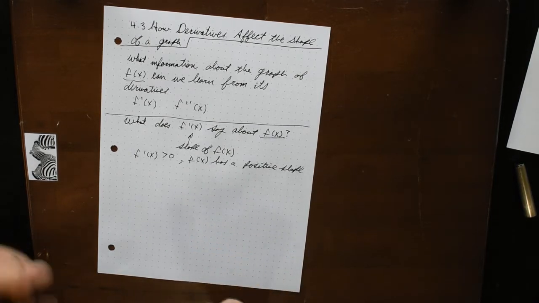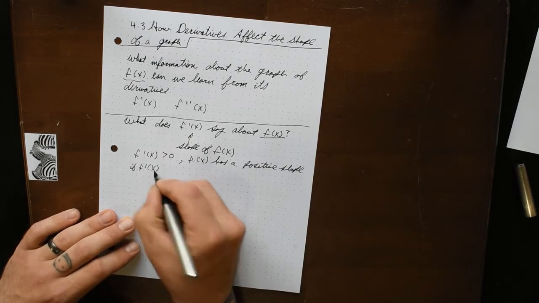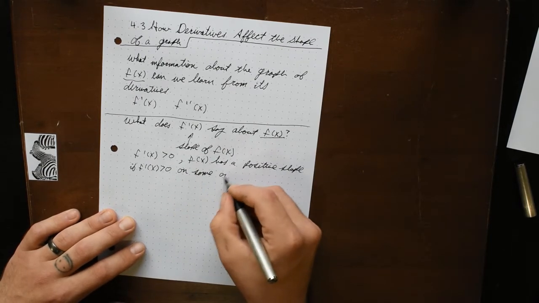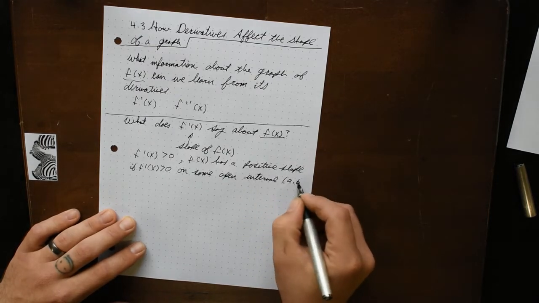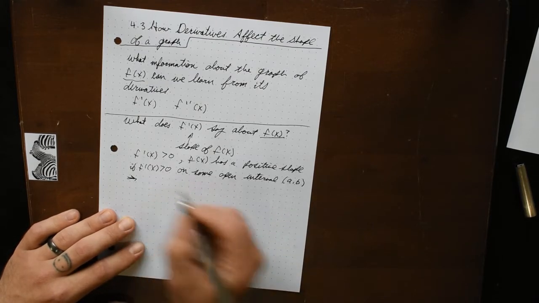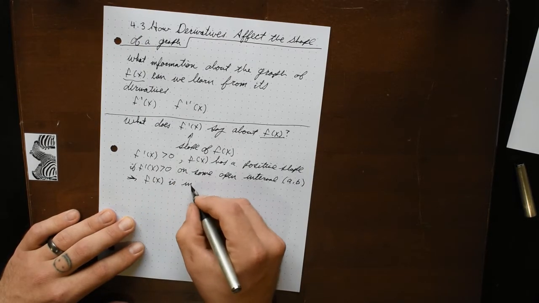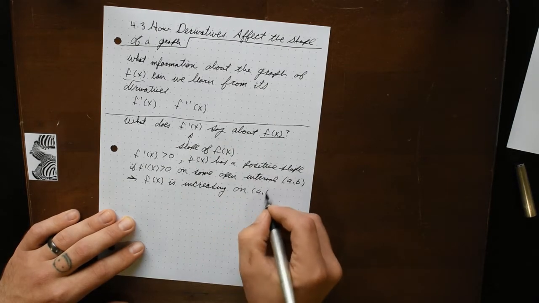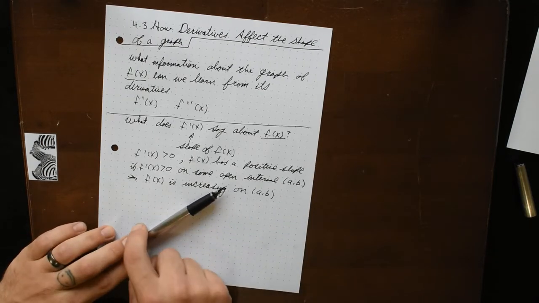The way the words get used is: if f prime of x is greater than 0 on some open interval a to b, so we have a positive derivative over this interval, then f of x is increasing on a to b. If something has a positive slope, it's increasing.